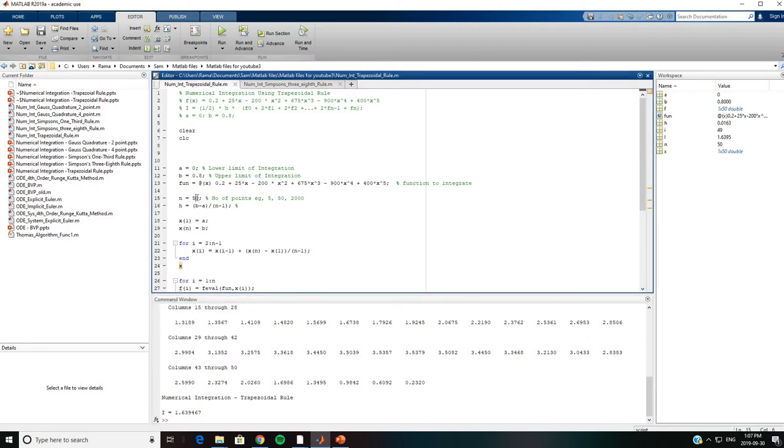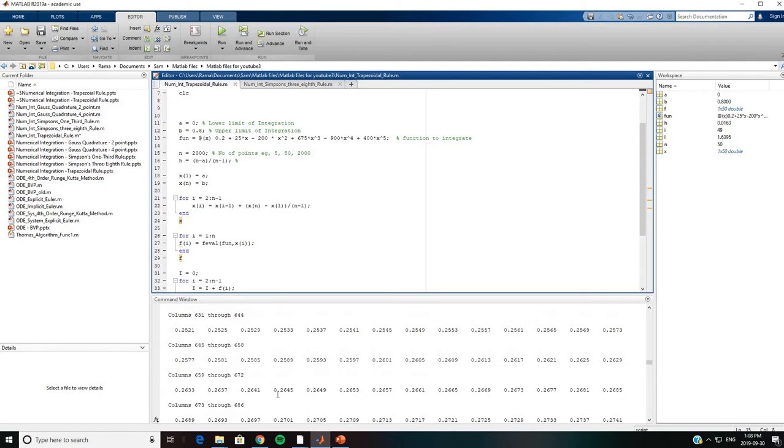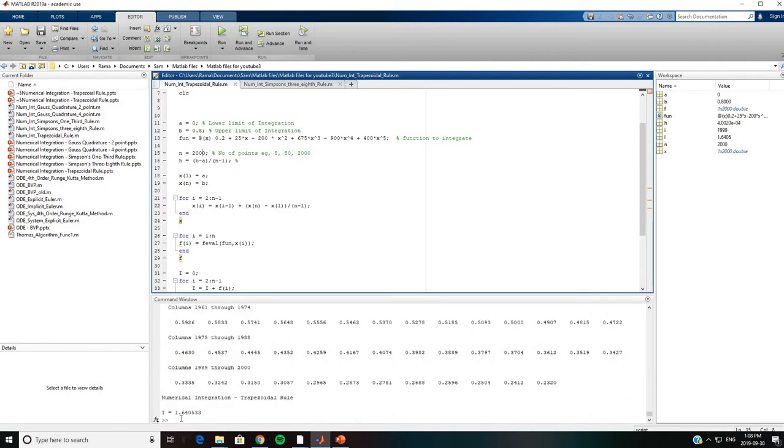So we increase the number of segments one more time to say 2000 and rerun this case, and we get a value of 1.640533, which almost matches the exact analytical value.